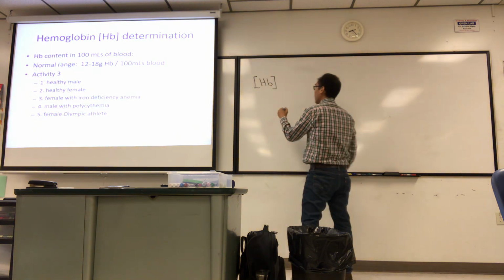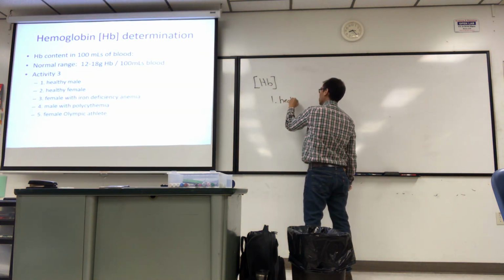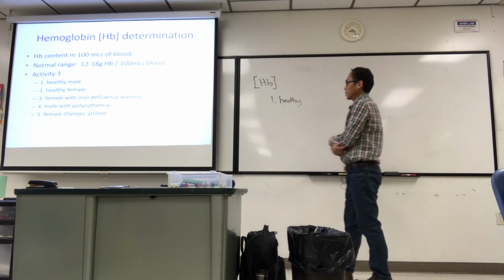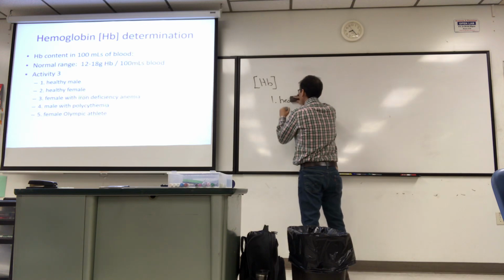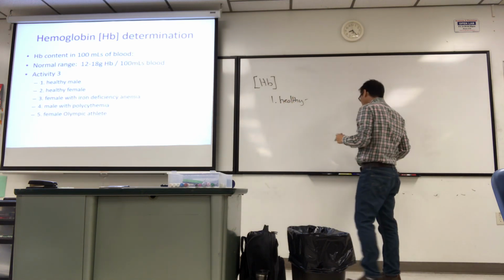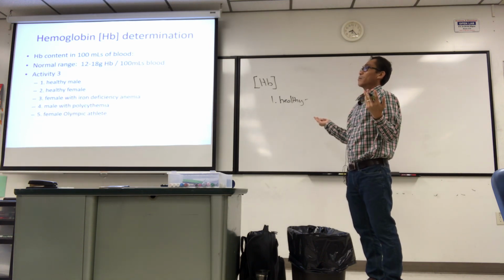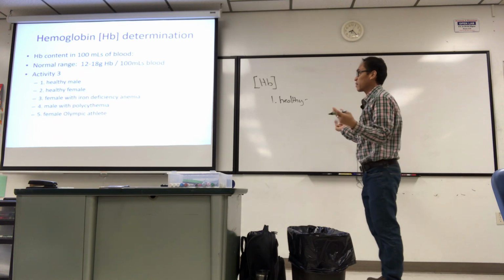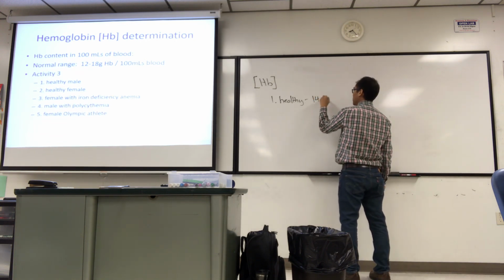Let's say a healthy male, a person with an average weighs slightly more. So if the normal range is 12 to 18, maybe the males are on average 14 to 18.